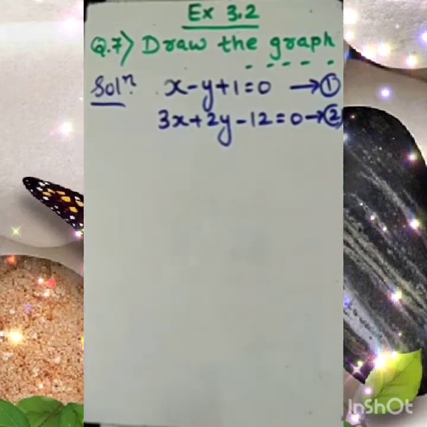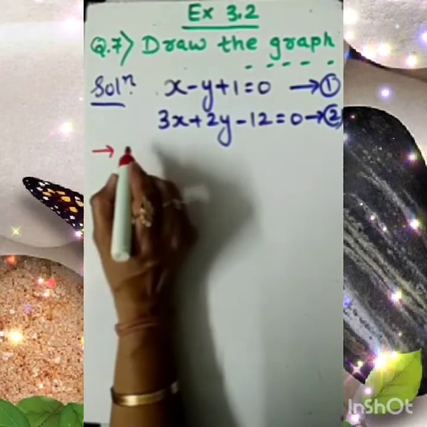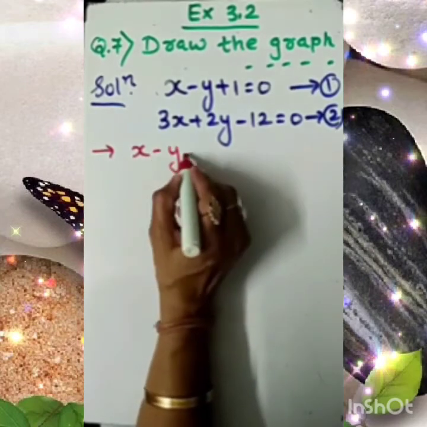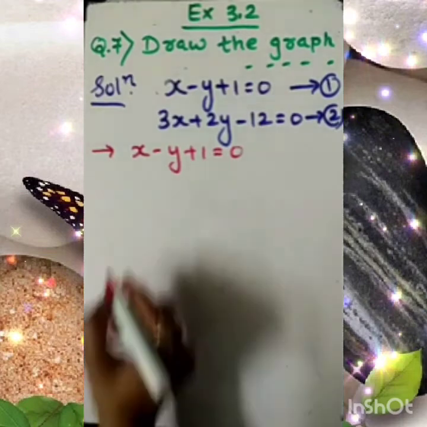And as usual, to solve with the graphical method, let's work on the first equation. Our first equation is x minus y plus 1 equal to 0. So let me make x the subject here.